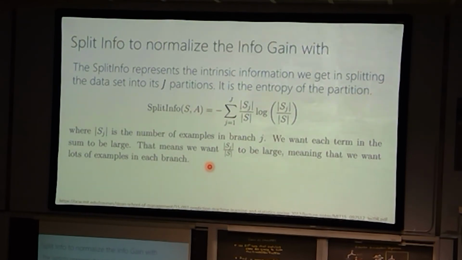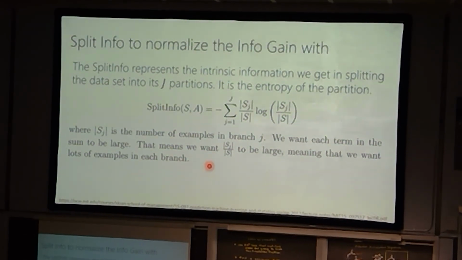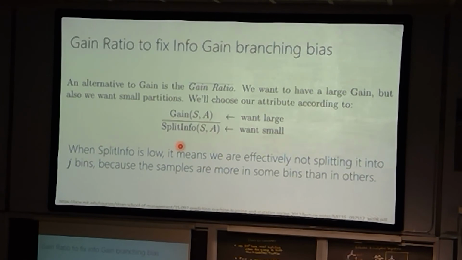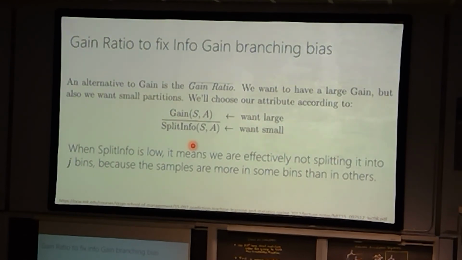Even though I have all these categories, it's not uniformly split up. I have more stuff in some of them, and some don't get used very much. So that partition has lower entropy, and those are the ones I want. So I'm normalizing by the entropy of the partition itself to penalize variables that have many, many categories.